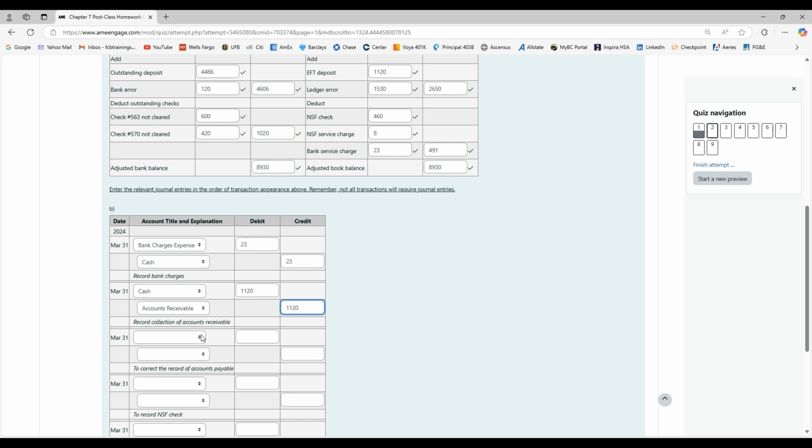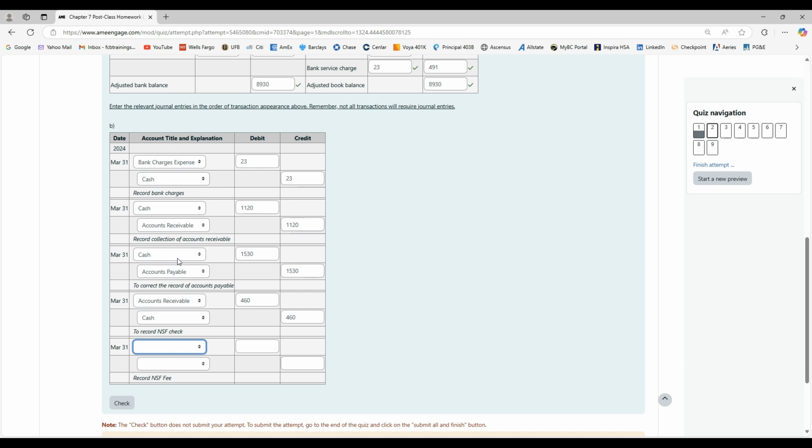To correct the record of accounts payable, so that was the 1530. It's an addition, so cash is going to go up, and accounts payable is the offset, and that was 1530. NSF checks are always accounts receivable because we thought we had cash, but then the bank tells us, sorry, you do not.